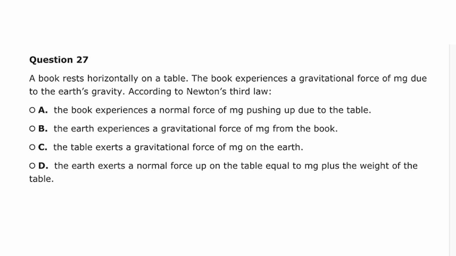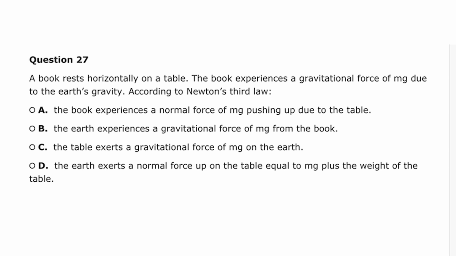B, the Earth experiences a gravitational force of mg from the book. C, the table exerts a gravitational force of mg on the Earth. Or D, the Earth exerts a normal force up on the table equal to mg plus the weight of the table.